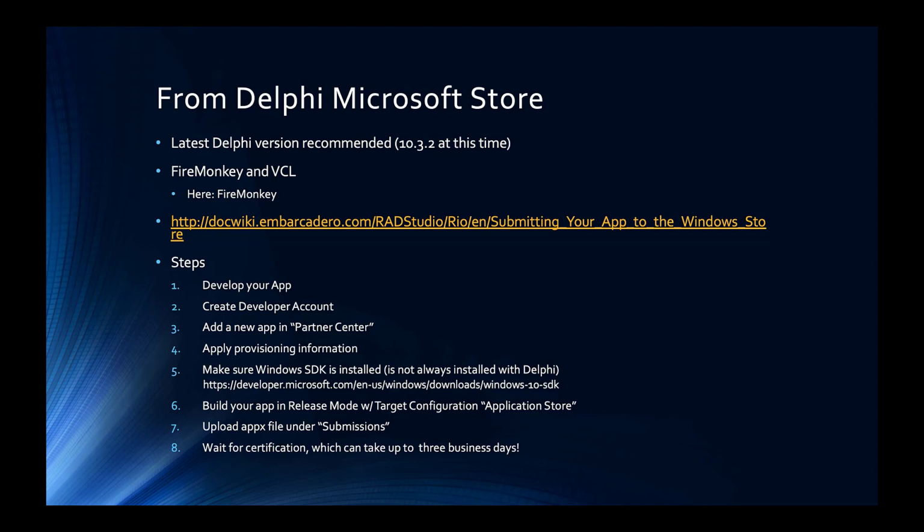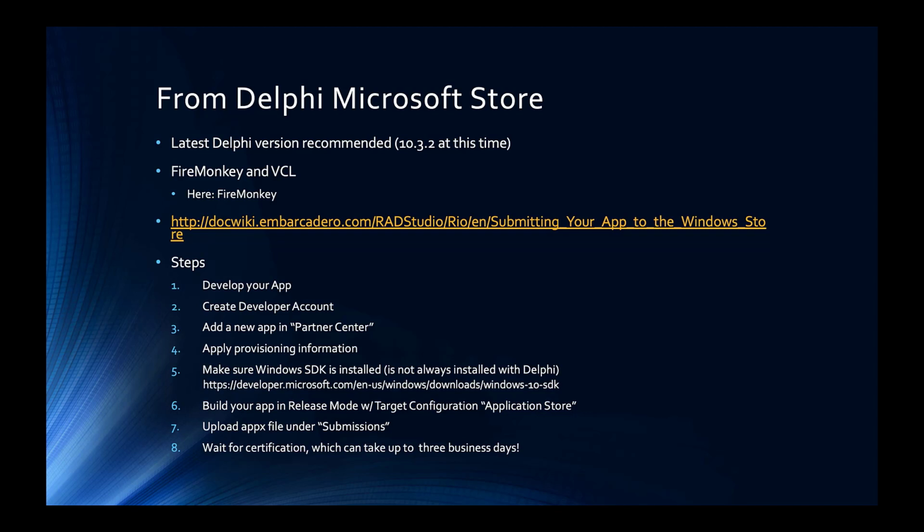All right, so next step is, of course, create the developer account. I will just go with you to that page, and we will have a look there. And then the third step is creating a new application in the Partner Center. For every application that you are going to submit to Microsoft, you will have an online representation of that app in the App Center.